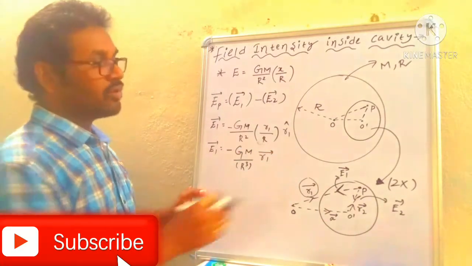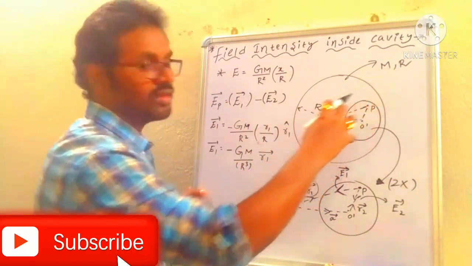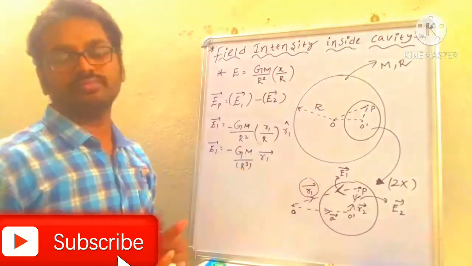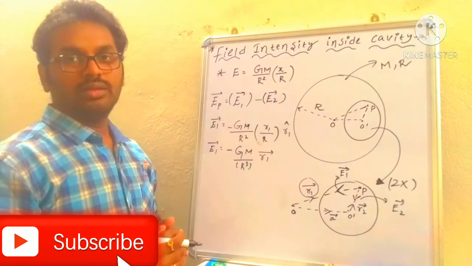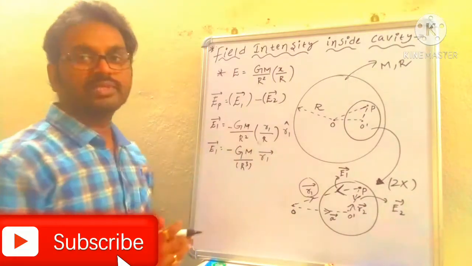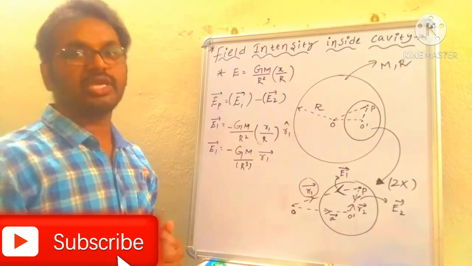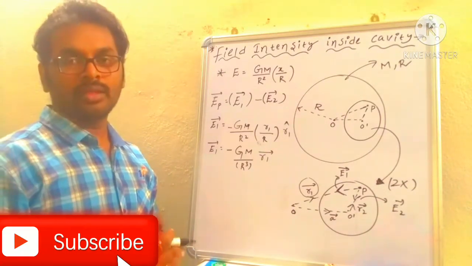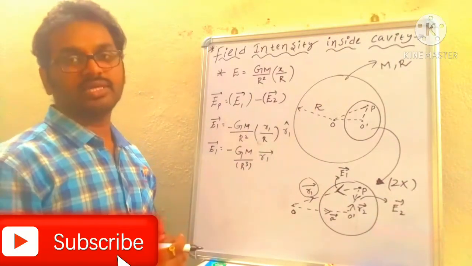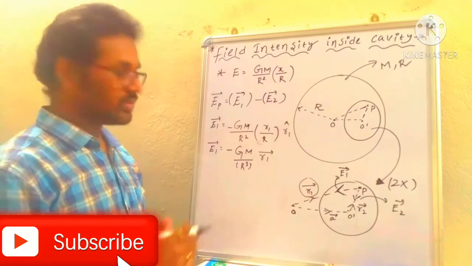And again, how much mass we are removing from the bigger mass capital M, we don't know. So this is the reason we are not expressing in terms of mass. We can change in terms of the density of the given material, because mass is equal to density into volume.